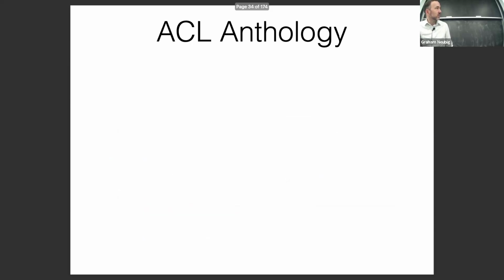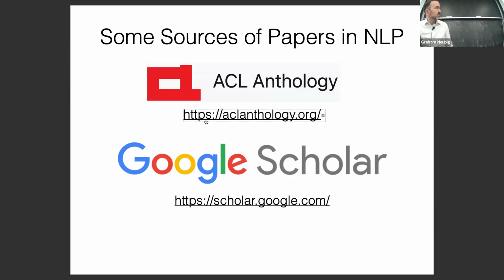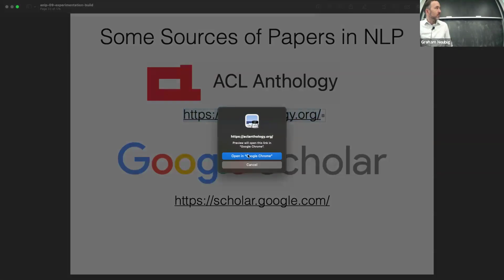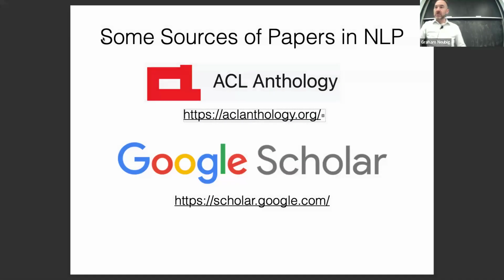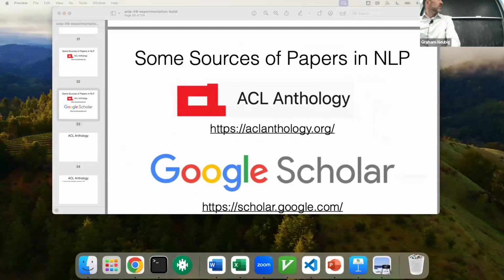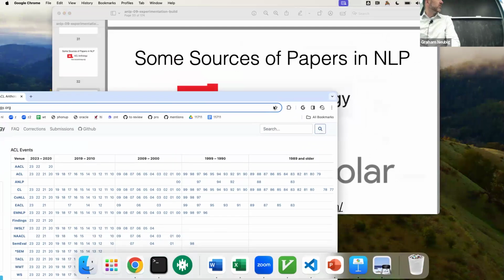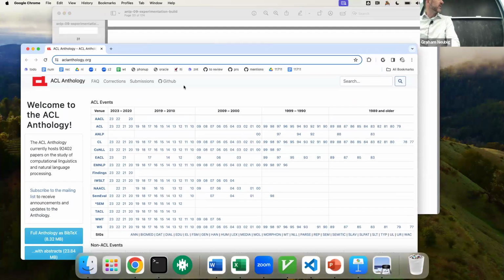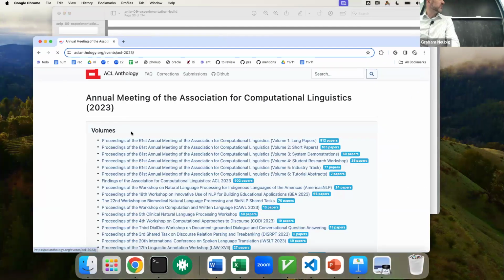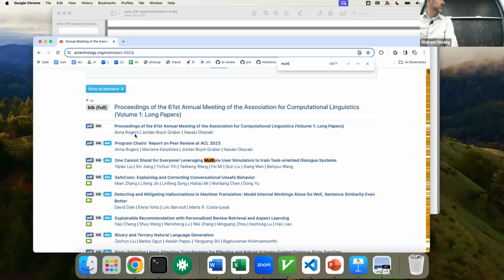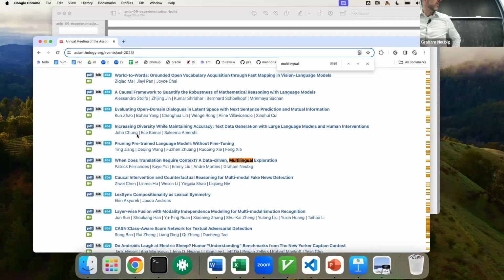So, let's say I was interested in multilingual large language models and evaluating them in some way. I would go to ACL, and then I would just put in multilingual. And you get a wonderful paper by some researcher named Graham Neubig.